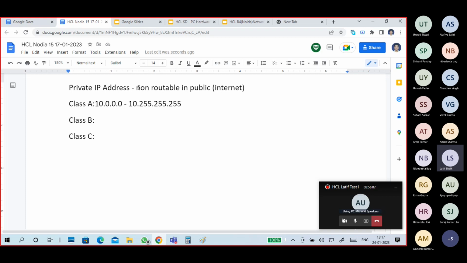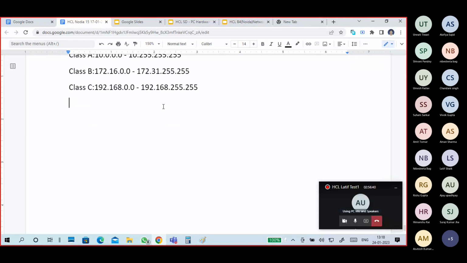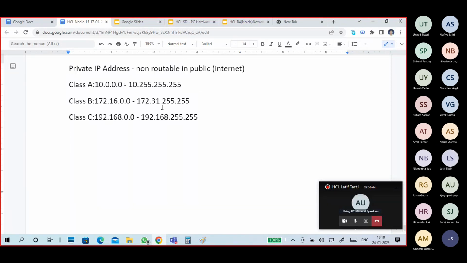Outside networks will be accessed through a public IP using NAT or PAT technique. What is NAT?